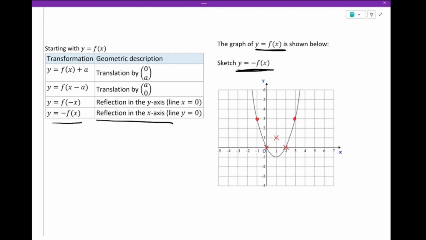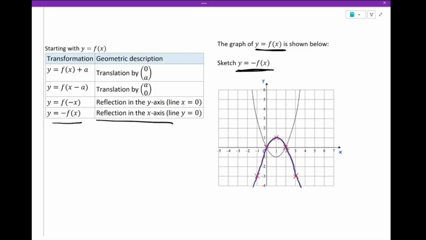Well, both of them have to move 3 down to get to the x-axis. So we have to do 3 down the other side. So it's going to end up here and then over here like that. So now we can draw our picture in, and we just have to go through all of those points. So it would look a bit like this. And that would be my final answer.